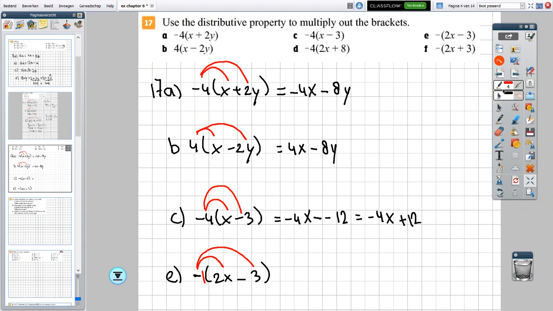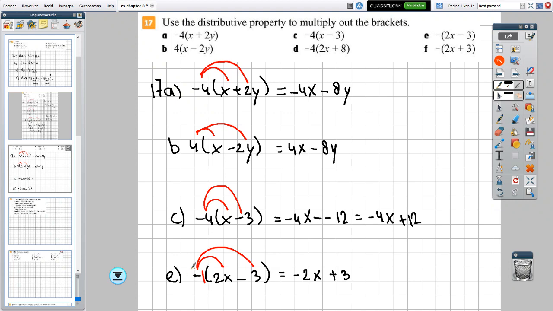What this in practice does is it turns positive things negative and negative things positive. Let's take a look. This becomes -2x. And -3 becomes +3. Right? So multiplying things with -1 turns positive things negative and negative things positive.